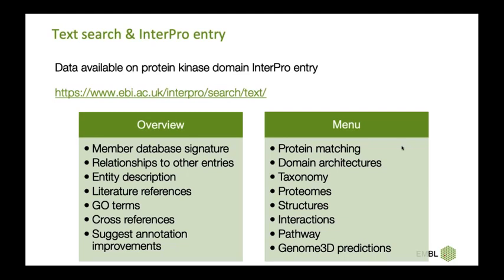From the top menu, we have access to the proteins matching this entry, the different domain architectures, the taxonomy, the proteomes, the 3D structures from the PDB, the interactions, the different pathways the proteins integrated in this entry are involved in, and finally, the Genome3D domain predictions.